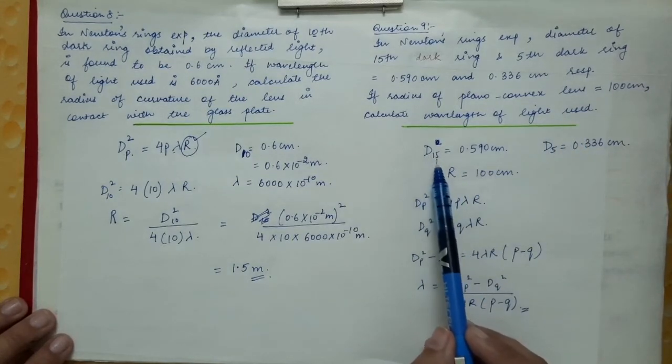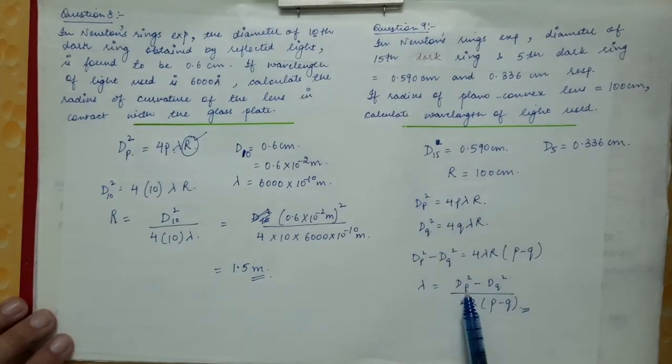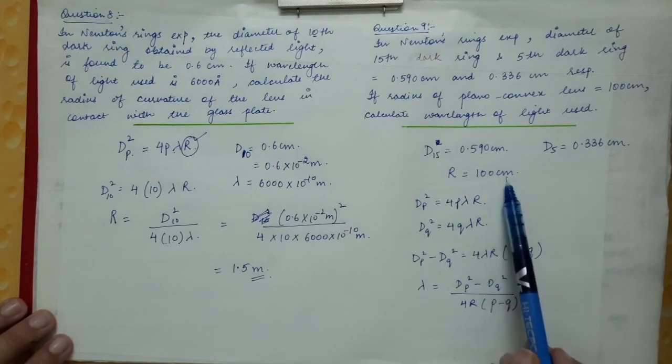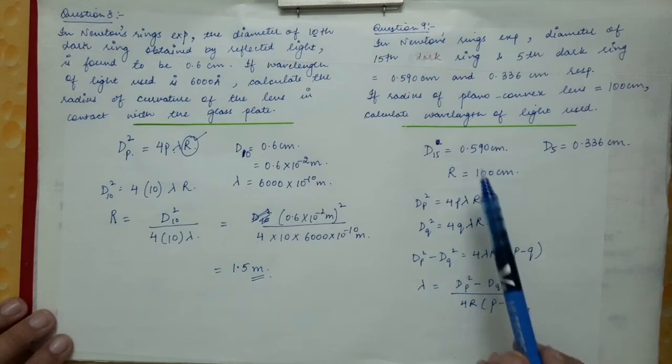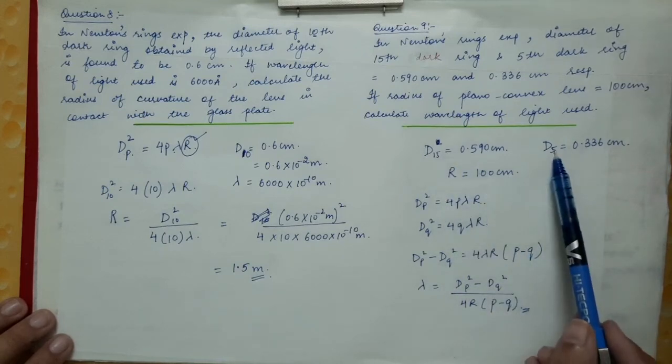So we are given D15. Now p will be equal to 15 and q will be equal to 5. D15 square is given, D5 square is given, R is also given to us, and p is equal to 15 and q is equal to 5.